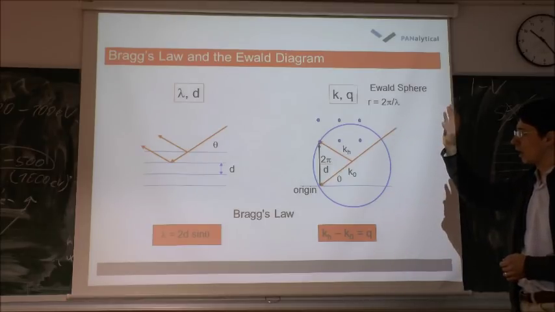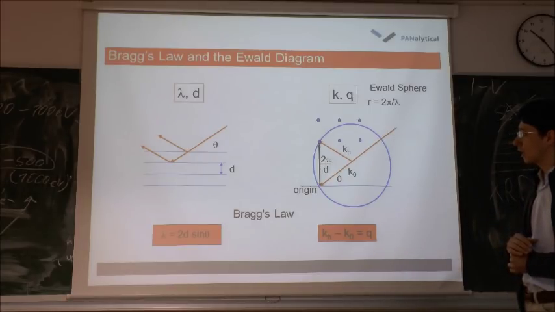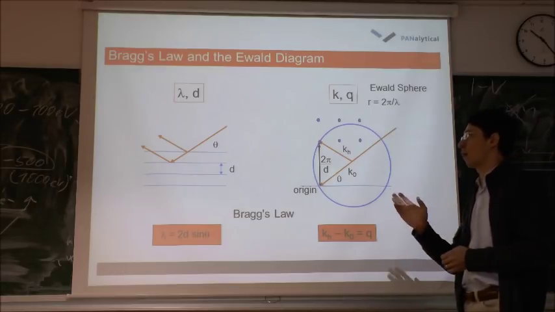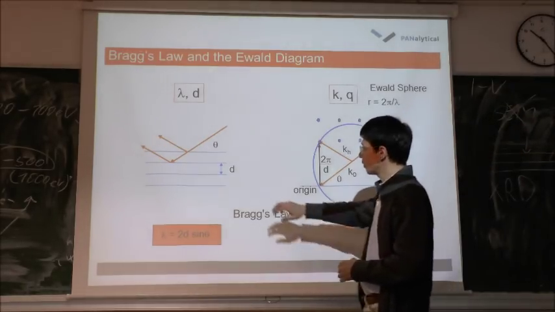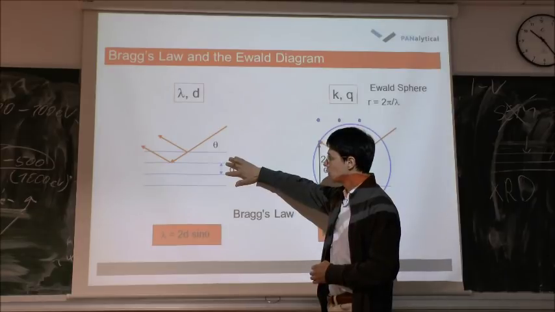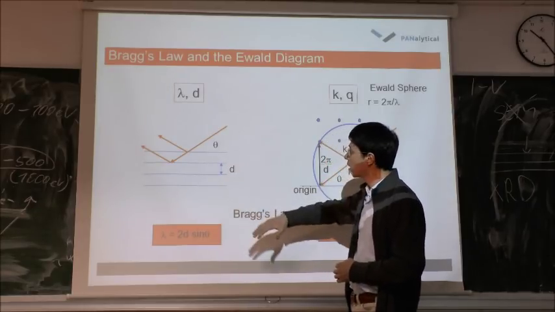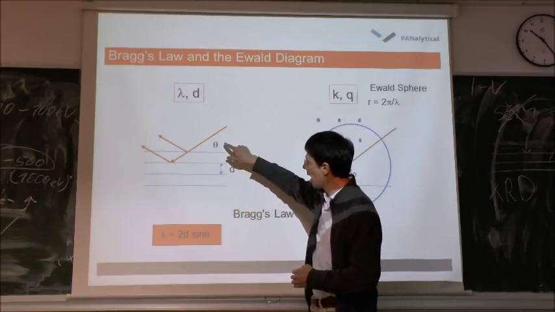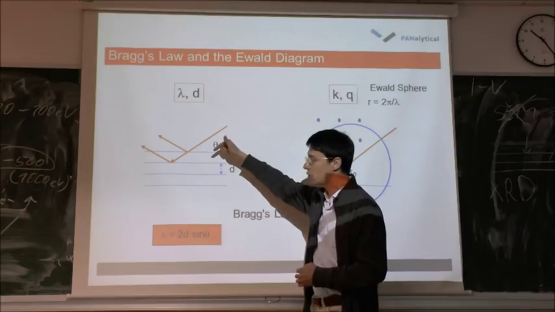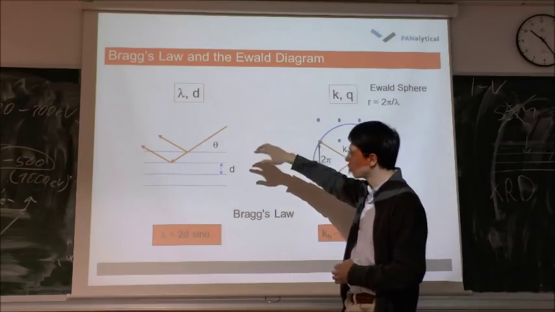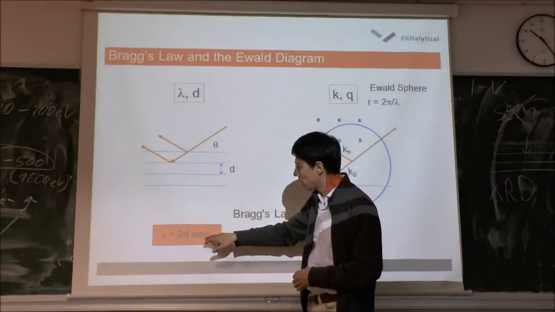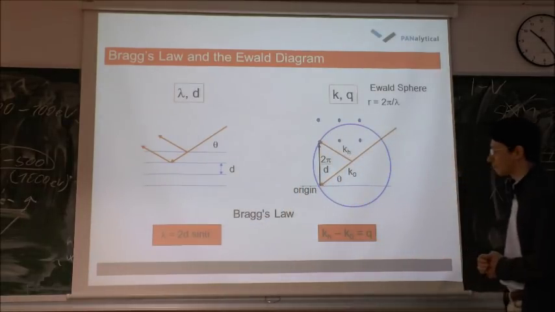It relates the wavelength of the X-ray, which in our case is a copper radiation with a wavelength of about 1.54 angstrom, and a certain d-spacing, which is the distance between crystal planes in our materials. Then we know at exactly which angle we have to shine on our material to get a constructive interference from the crystal. So this angle is just determined by the law.